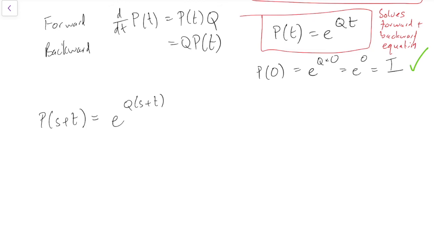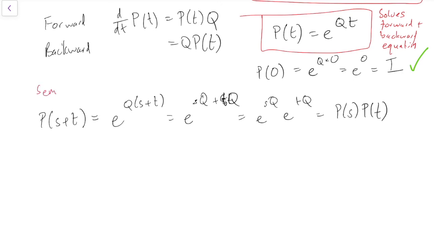But again, we can use our old friend, the properties of exponentials, to make that e to the sQ plus tQ, which of course is e to the sQ times e to the tQ, and that is P of s, P of t indeed. So we also have the semigroup property. Everything is just working out lovely when we use the matrix exponential.